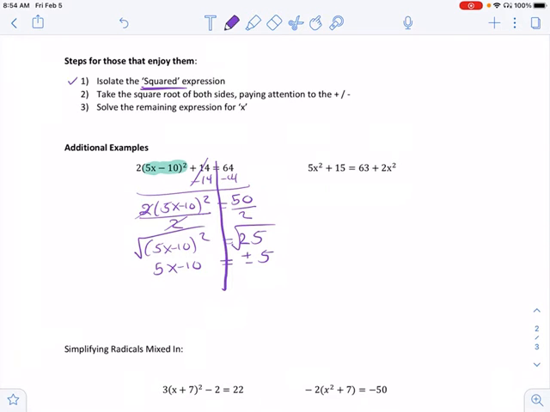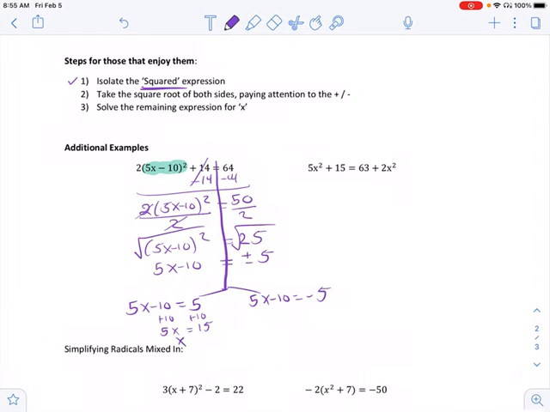Because I don't have x isolated by itself yet, this is the case where I now have two equations that I need to solve. When does 5x minus 10 equal 5? And when does 5x minus 10 equal negative 5? I'm going to solve these real quick. So this is now 5x equals 15.